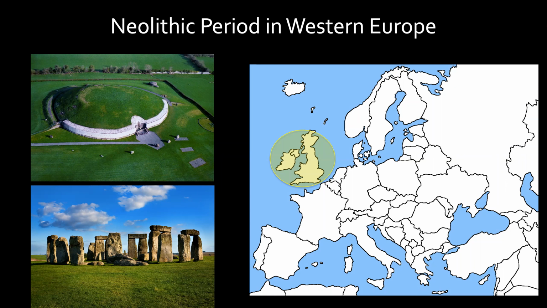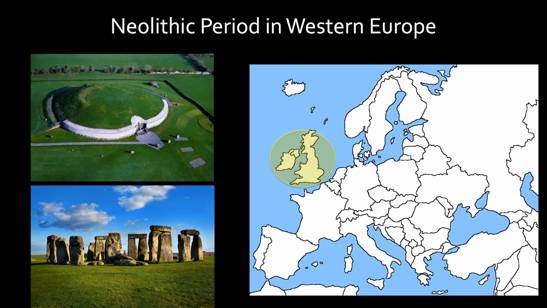Things are very different in Western Europe. So the transition from hunter-gatherer societies to agricultural groups is slower in Western Europe. And then the social hierarchy is different. We get a social hierarchy that is very strict. There is a priest king at the top. So there's a leader whose authority is based in his religious importance.